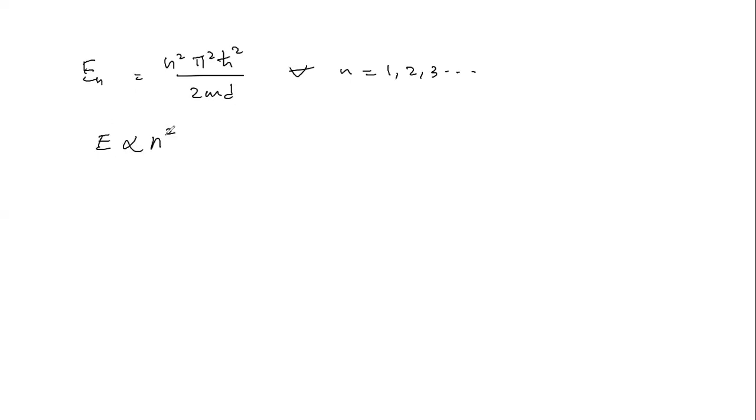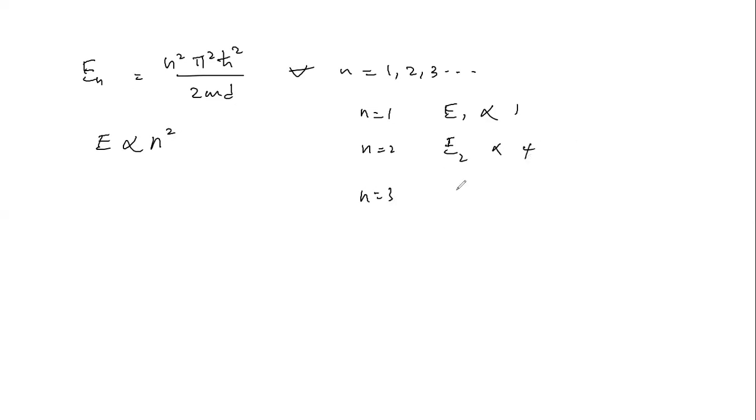Such that when n is greater than or equal to 2, the energy level increases sharply. When n is equal to 1, we have E1. When n is equal to 2, E2 is proportional to 2 squared, that is 4.